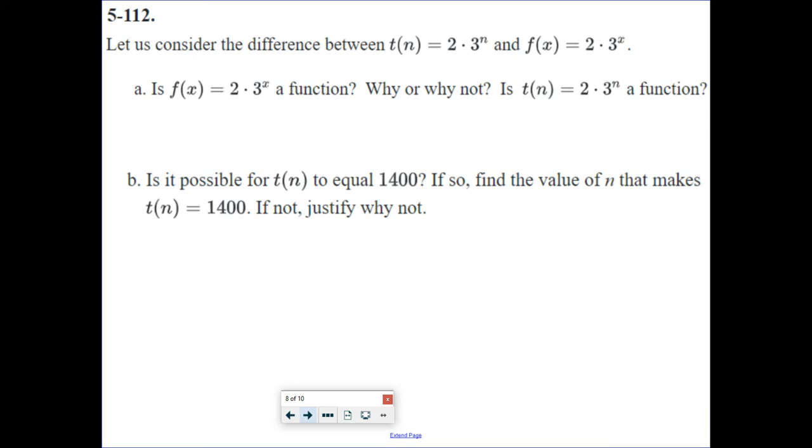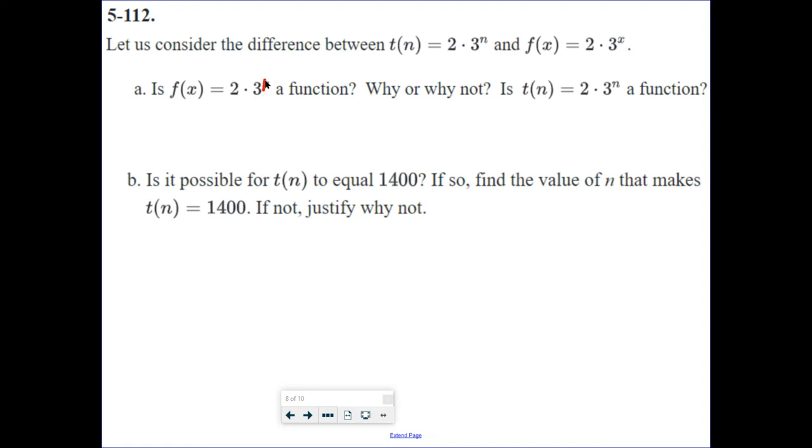Now, please remember what the rules are for a function. Can you tell me? The rules for a function are that every input must have one and only one output. So if I replace anything here for x, like 1 or 5 or 10, do I get only one answer or do I get multiple answers? Well, try it out.